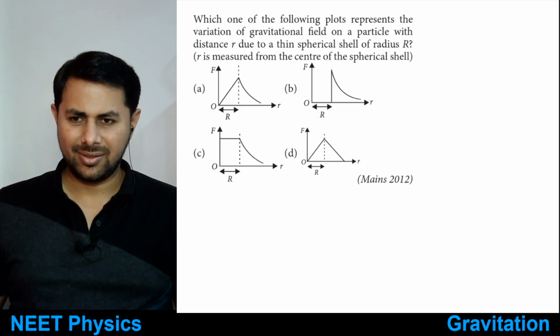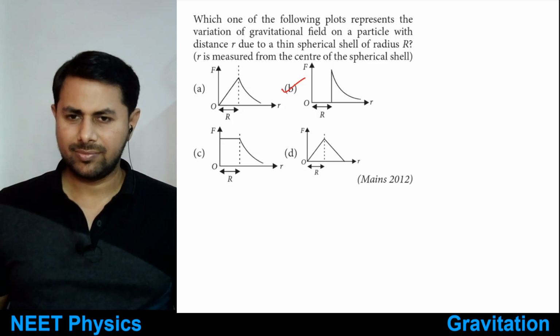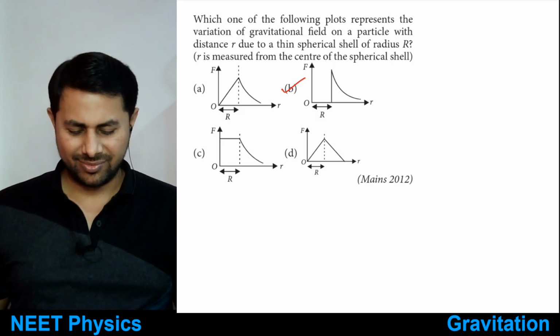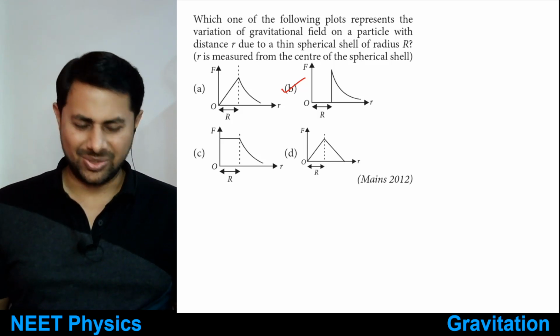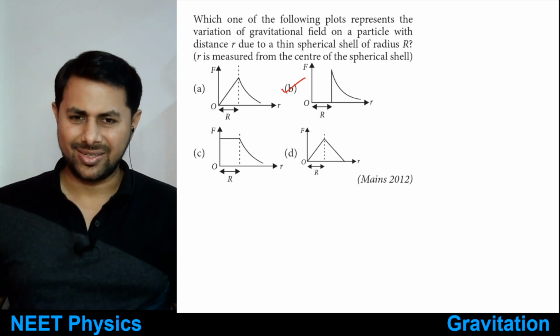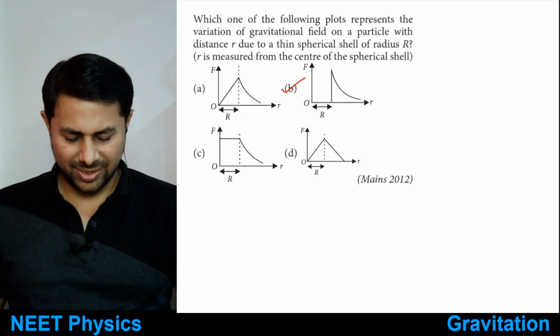So is everyone convinced with this one? Because inside the shell the gravitational force is zero. Okay, so gravitational field is zero, and outside of it, it's inversely proportional to r square. Okay, good. So this is the answer, right?